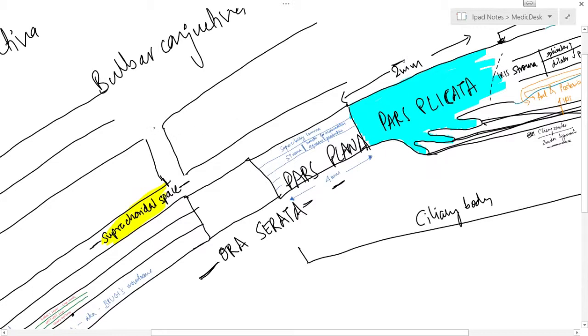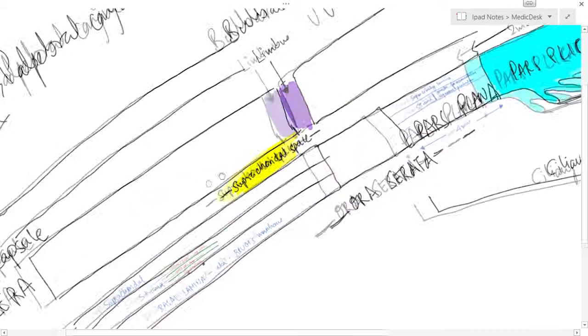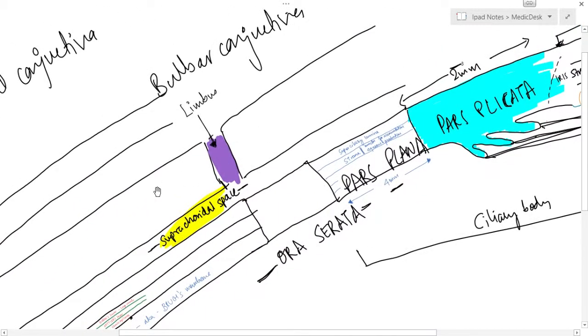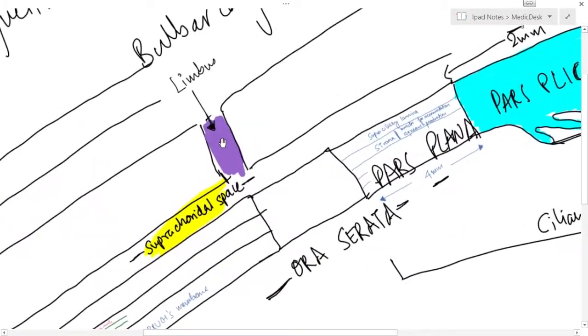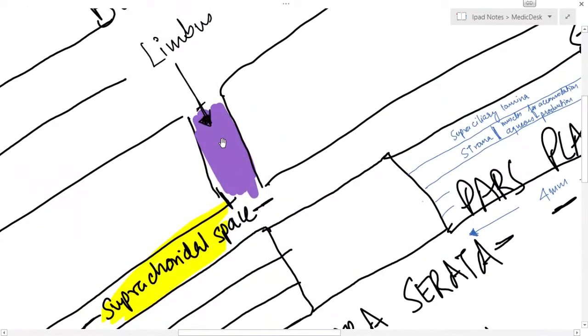And let us annotate this space. And this particular space is called limbus. Limbus is a junction between the sclera and the cornea. Let us zoom in. Sclera and cornea.